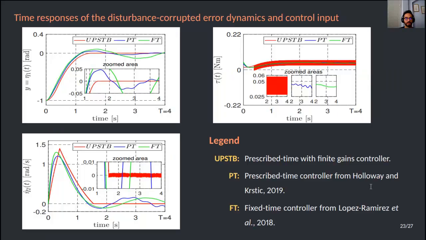In this slide, I'm showing the time responses of the disturbance corroborated dynamics and control inputs on the left and the right, respectively. As you can see, the UPSTB controller achieved a better regulation accuracy, which is also accompanied by chattering in the control inputs and also in the velocity regulation error. This is a typical behavior of the continuous control action present in the UPSTB controller.